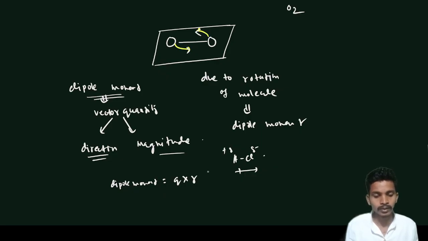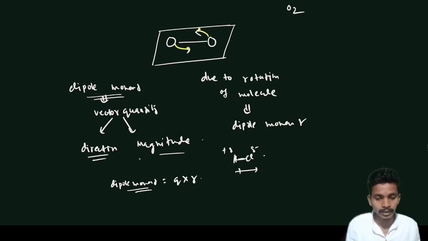Here the length between H and Cl is fixed, and the charge q is also fixed. If the dipole moment were not a vector quantity, then it would not change, meaning the molecule would be microwave inactive.